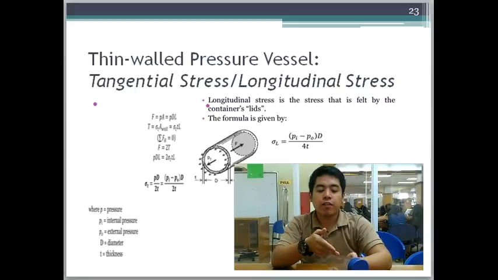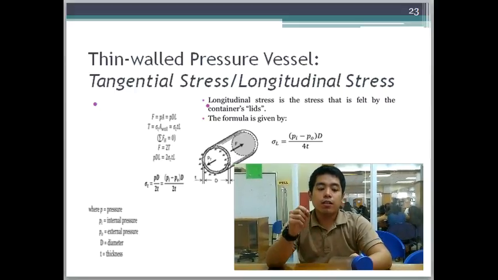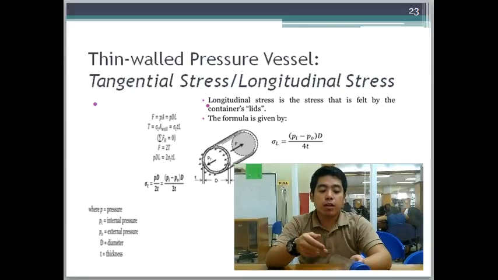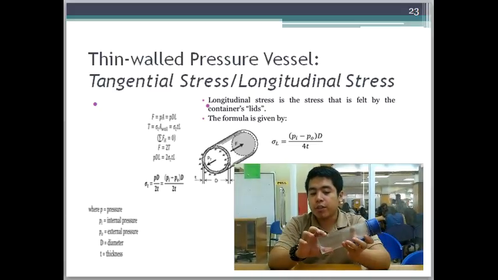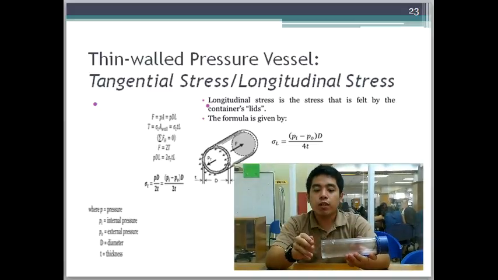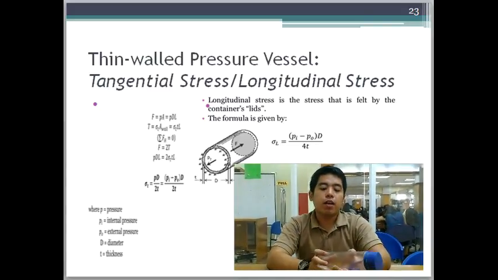The longitudinal direction, the stress in there is given by the formula: stress equals the gauge pressure, the pressure inside minus the pressure outside, times the diameter divided by 2 times the thickness of this thin-walled pressure vessel.